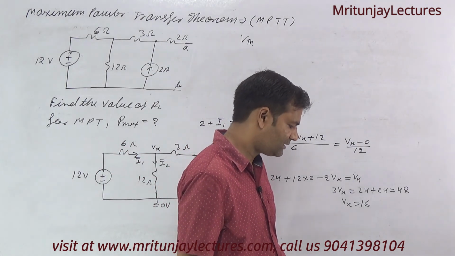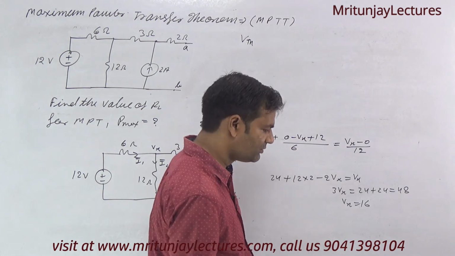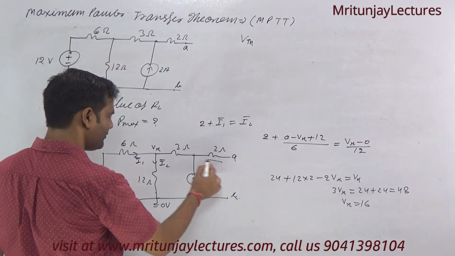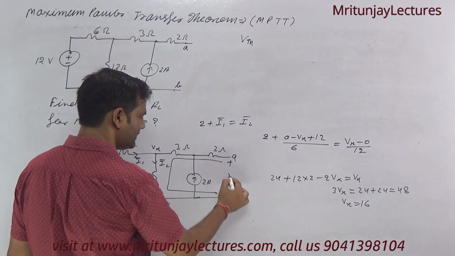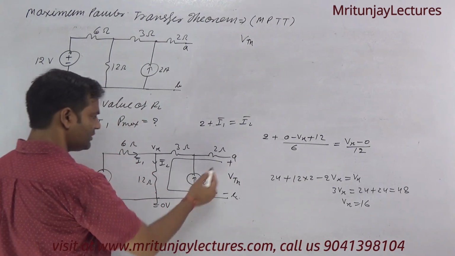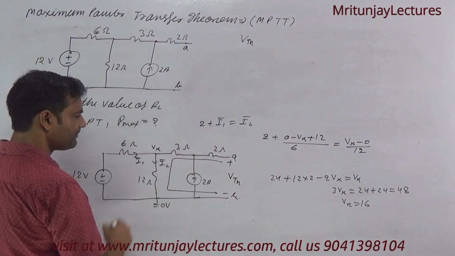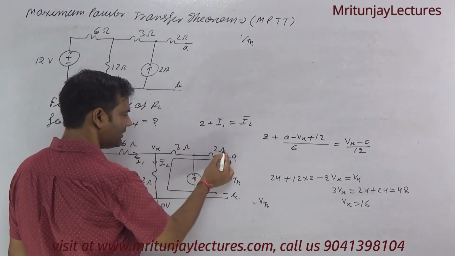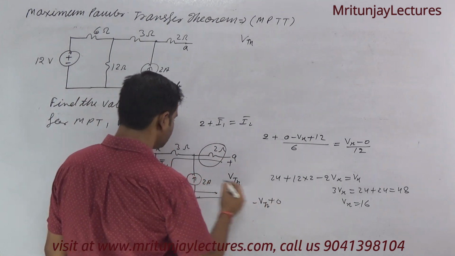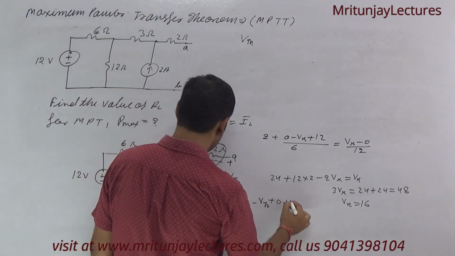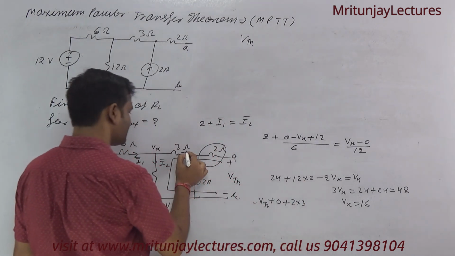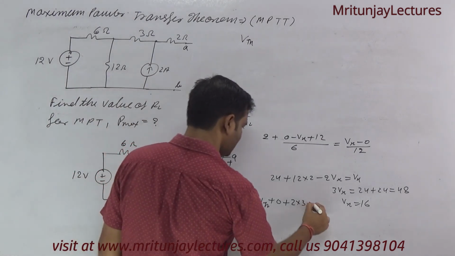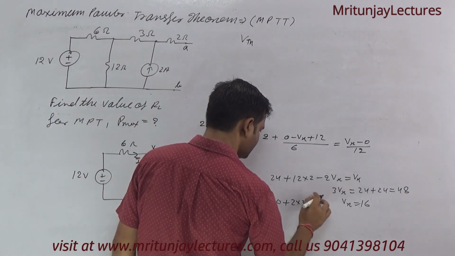Okay, if you face any problem, then tell me. Vx equals 16 volt. Now our next target: we are focused on VTH. If we follow this procedure, no current flows through here, so the voltage drop is 0. So 3 into 2, plus 12 into I2, where current flows from positive to negative, equals 0.